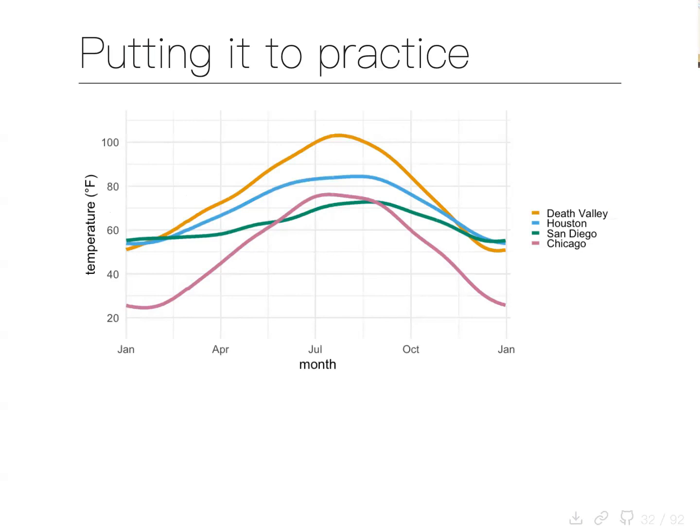Two continuous scales and one discrete scale, which is the location. So the two continuous scales in this case are mapped to position, but then we've got the discrete scale, which is mapped to color. Okay.